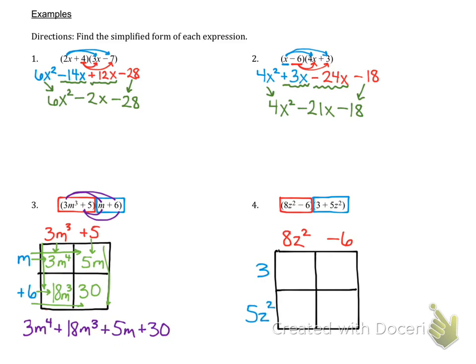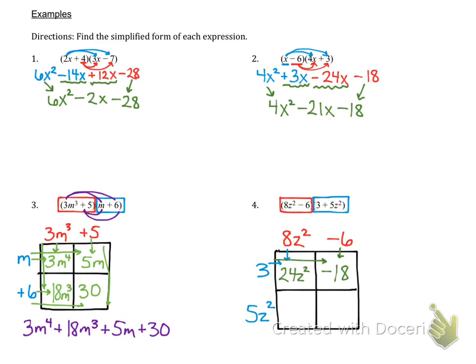Now I'm going to multiply 3 times 8z squared, which is going to give me 24z squared. And then I'm going to go across. I have 3 times a negative 6 is a negative 18. So that came from here and here.